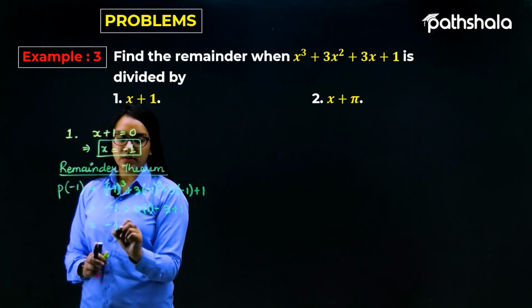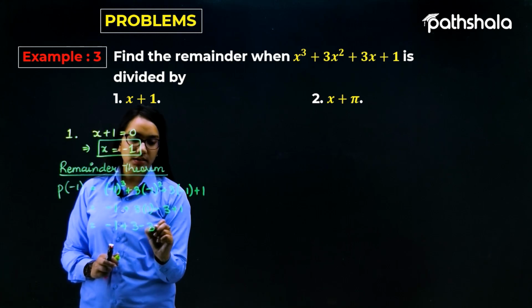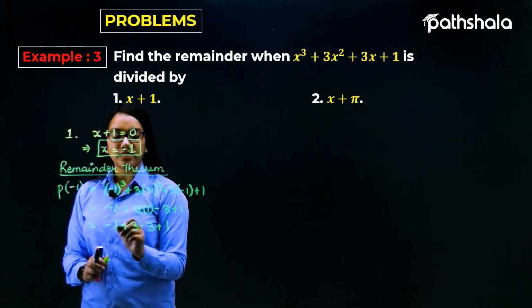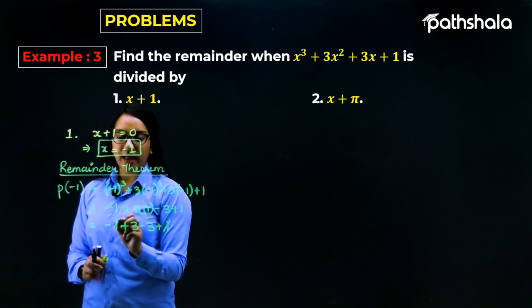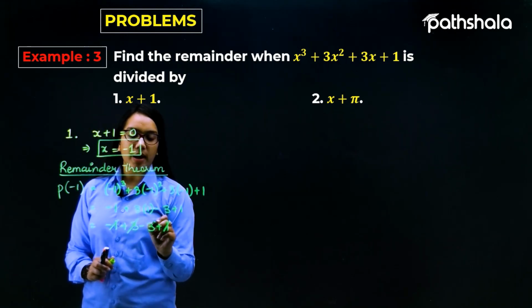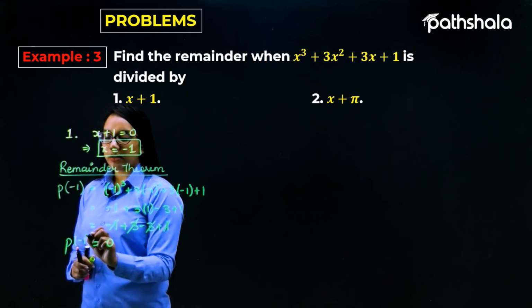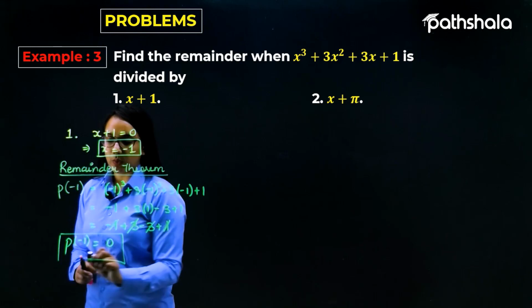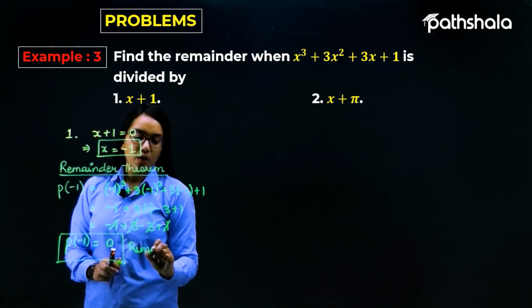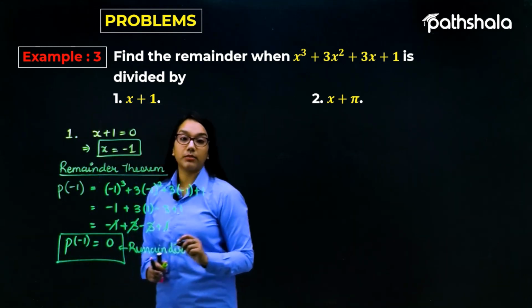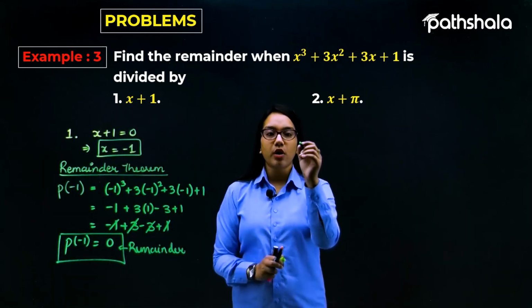So this is minus 1 plus 3 minus 3 plus 1. Minus 1 and plus 1 get cancelled with each other, and plus 3 and minus 3 get cancelled with each other. So what we are getting is that the remainder is equal to 0. So the answer for the very first part is that the remainder is 0. Now let's talk about the second part.